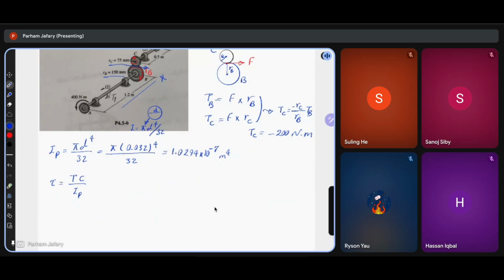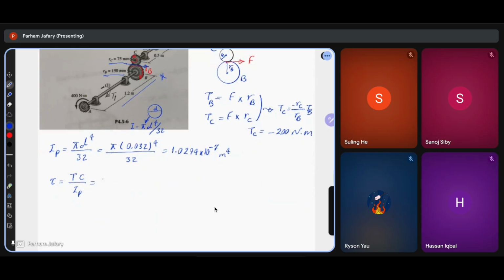The maximum distance from the center of the shaft is the radius of the shaft. So for shaft 1, τ1 will be T1 D over 2 times IP.